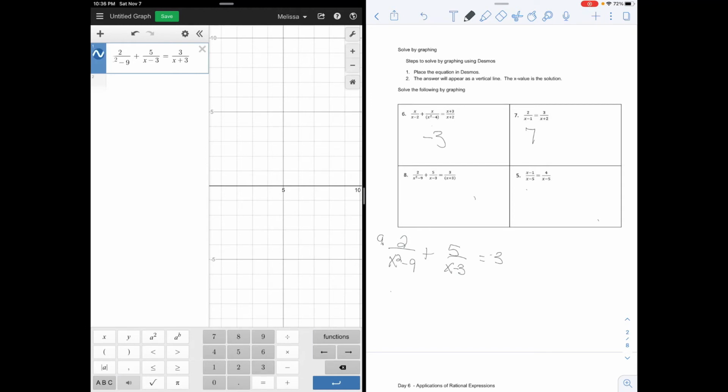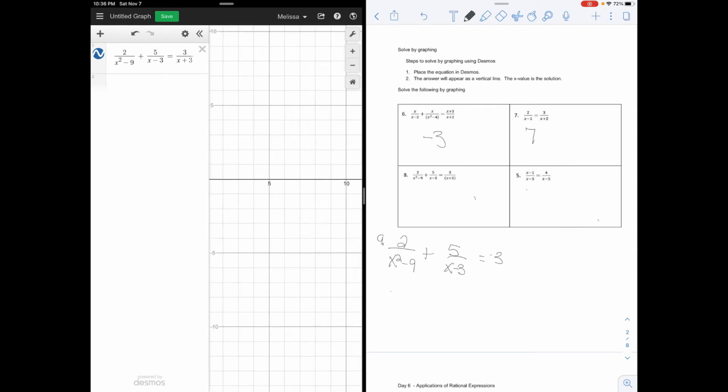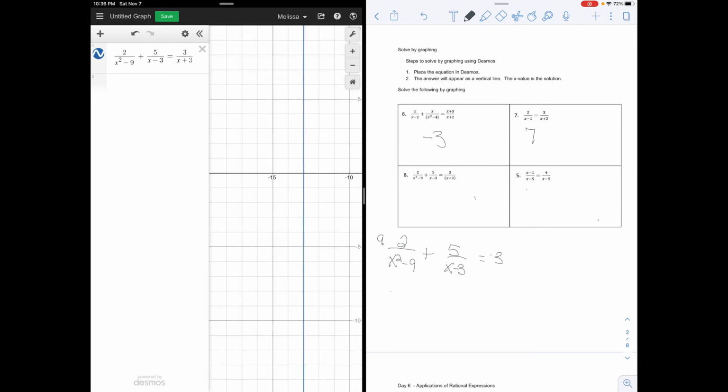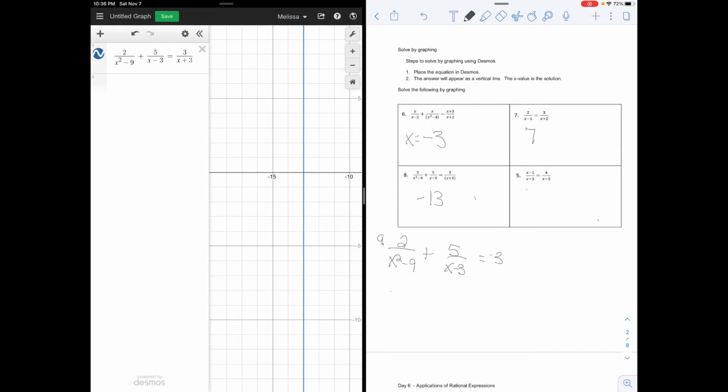Okay, and once again, it's hiding from us. So I'm just going to scroll over. I don't see it there, so let me scroll the other way. And there it is. It's hiding from us. It's at negative 13. And technically, I should say x is equal to negative 13.